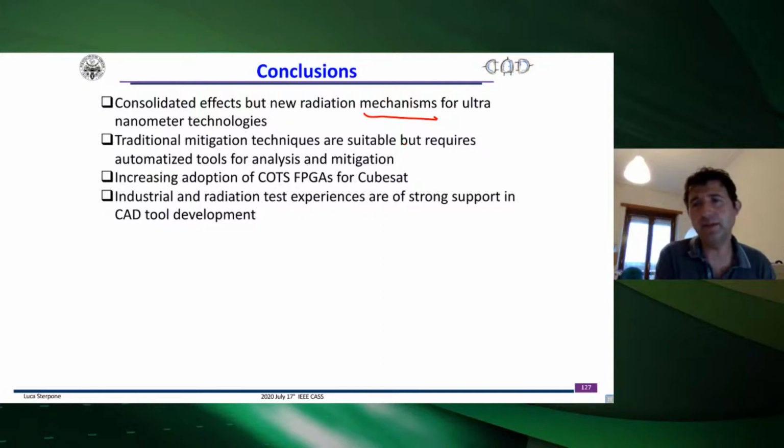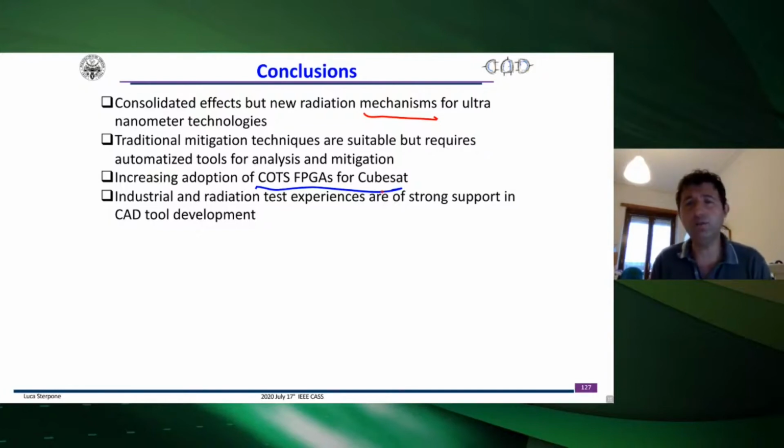I want to underline the fact that today there is a lot of interest in using COTS FPGA for CubeSats, and there are already missions that adopt these devices. Of course, some of them are still protected, let's say, as ongoing projects. So in future years we will see this type of satellite implementing this type of device.